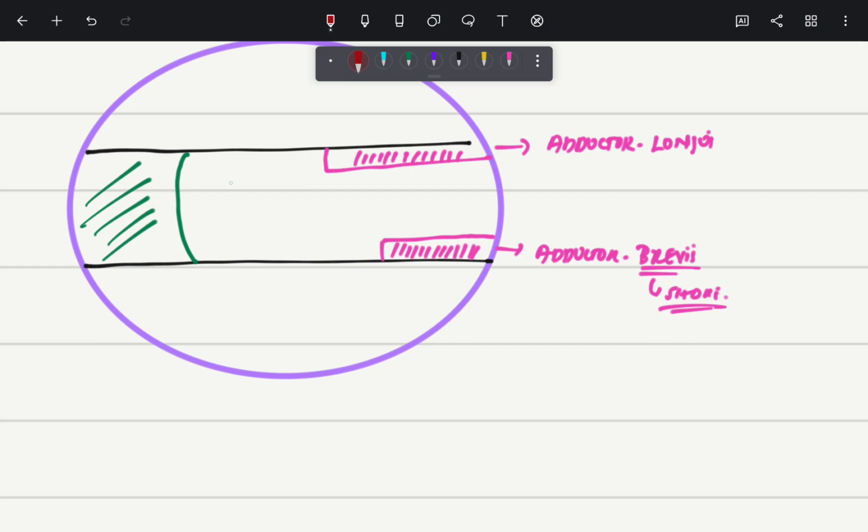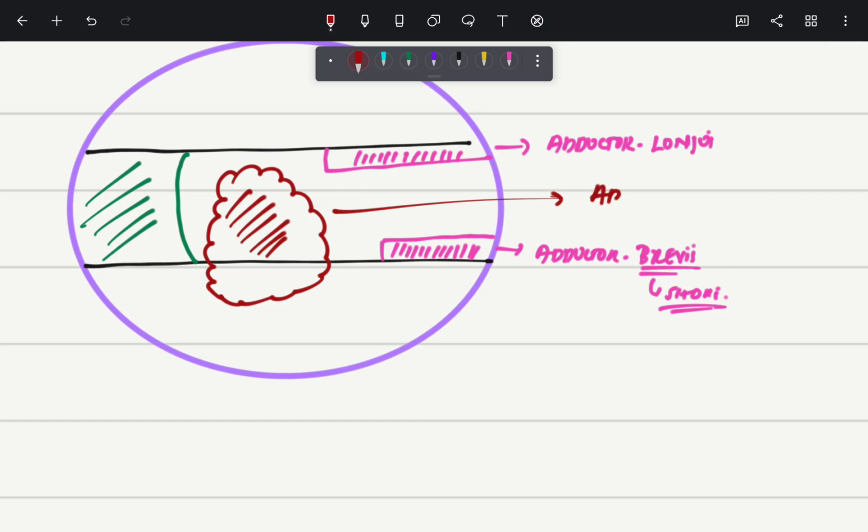And not only that, we have a very large, very big muscle which helps in adduction, and this muscle is called your adductor magnus. A very large muscle which helps in adduction of the thigh, hence it is called your adductor magnus.